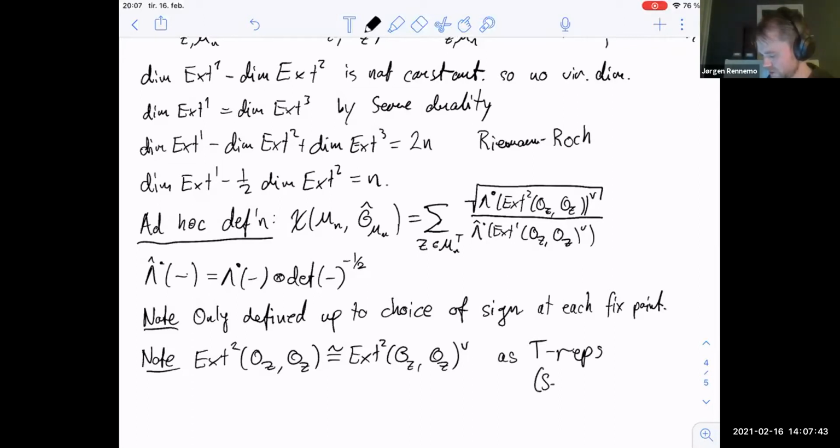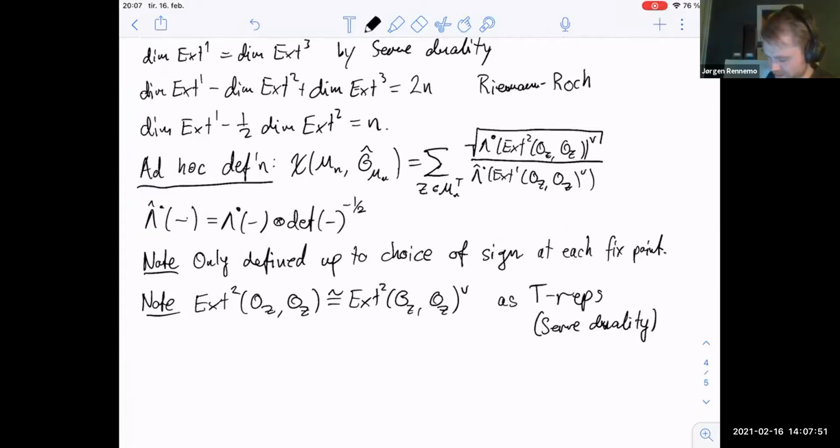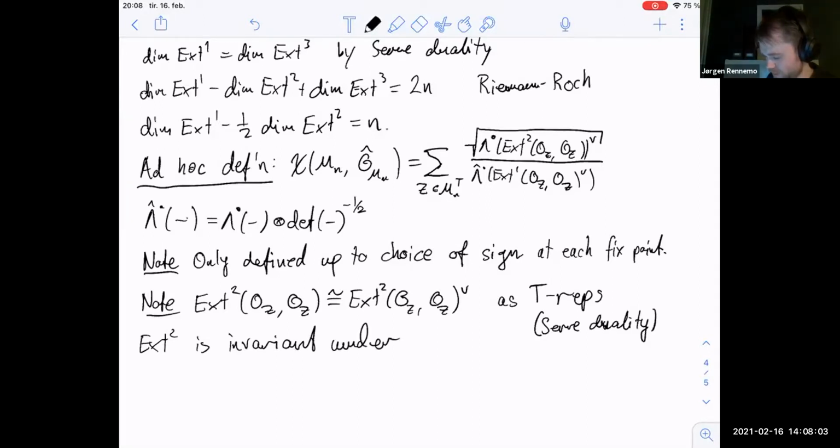Again, this is a consequence of Serre duality. Which means that, thinking of it as a polynomial, it's invariant under t_i going to t_i^{-1}.